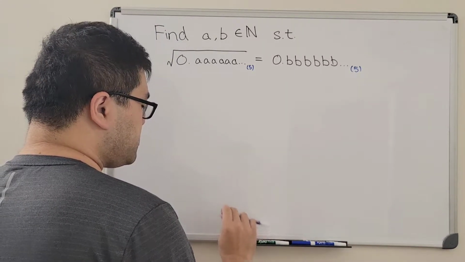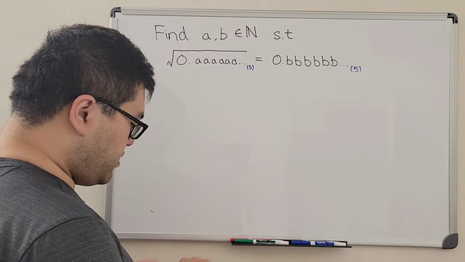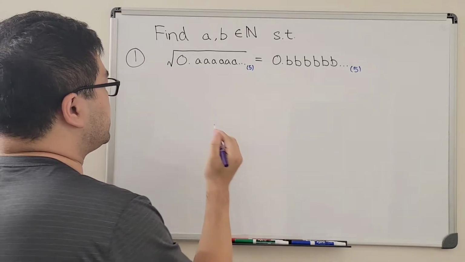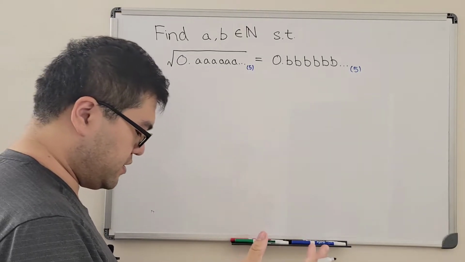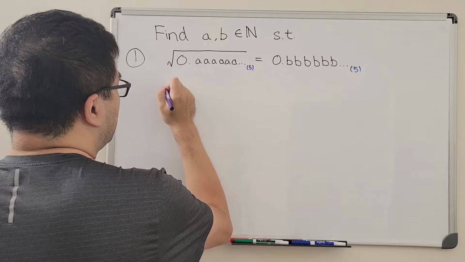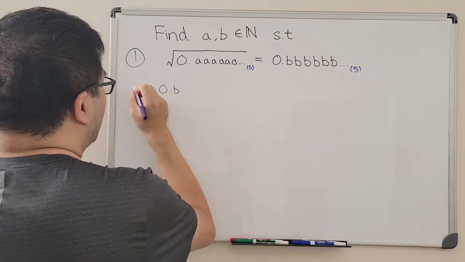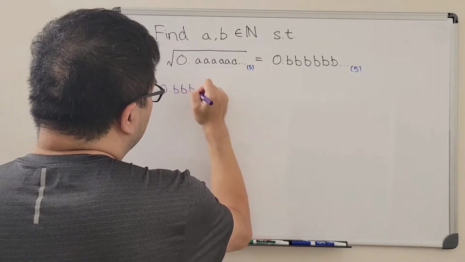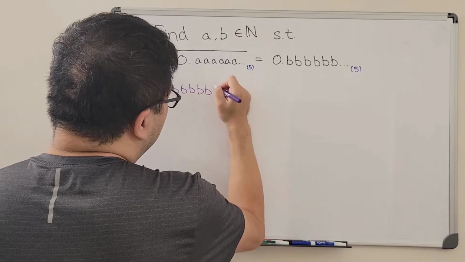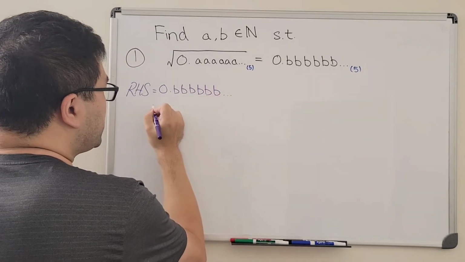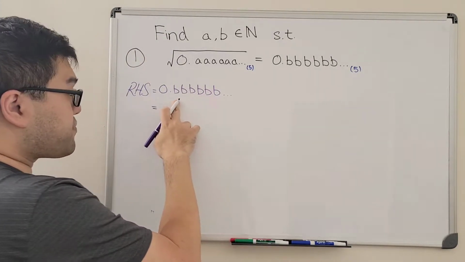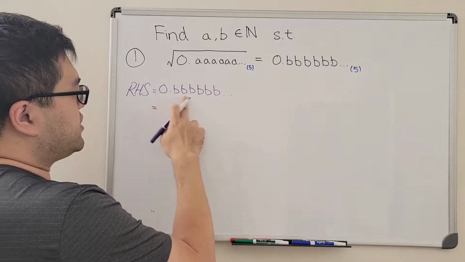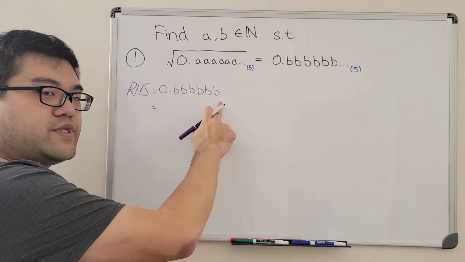Now, again, let's take a look at the right hand side first to see what we'll get if we write it as a fraction. From the right hand side, we have 0.b all the way, which means, again, each digit is representing 5 to some power.